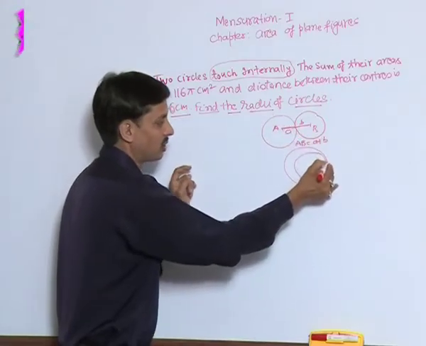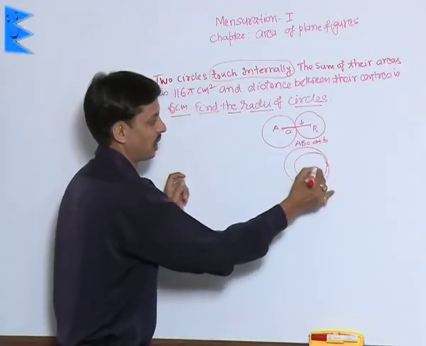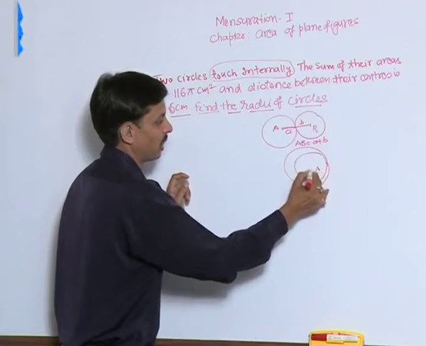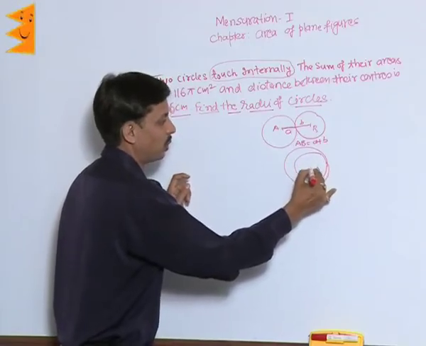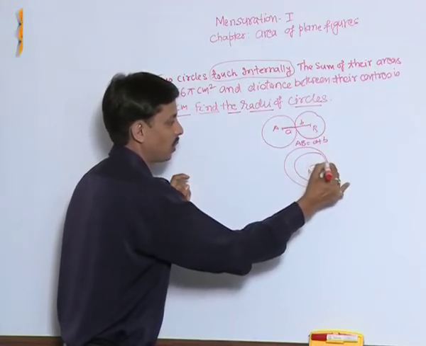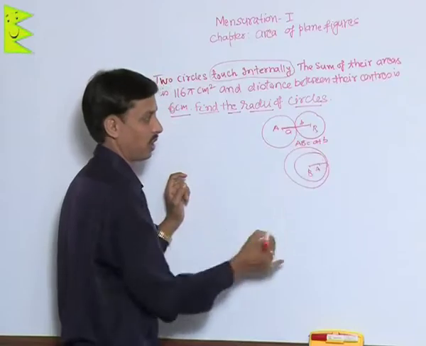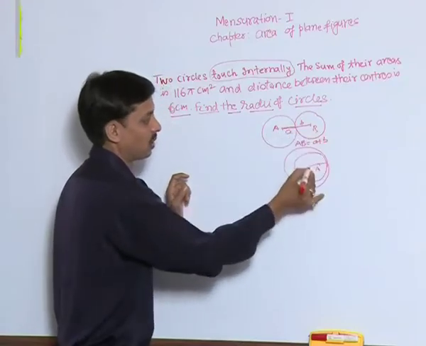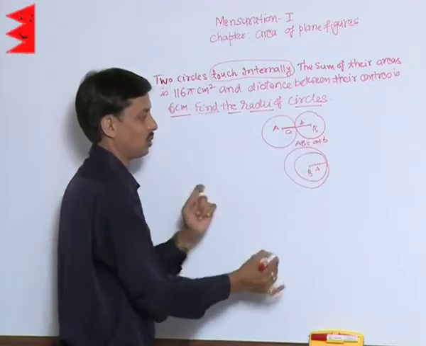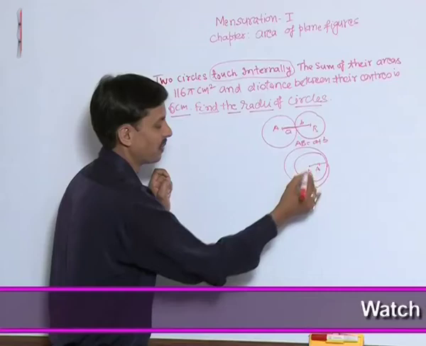And when two circles touch internally, this is center A, this is center B. I have told you both the centers are collinear with the point of contact, in case of external also, in case of internal also. This is additional information for you.